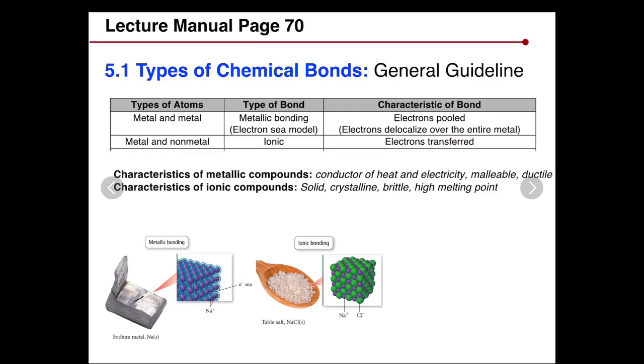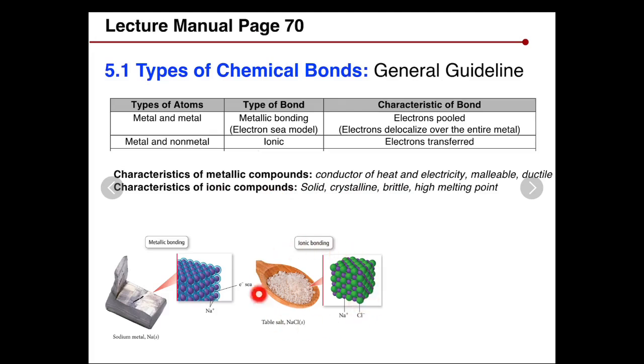The cations and anions in an ionic compound are held together by electrostatic force, which is the attractive force between the cation and anion, and it is a very strong force. That is what is responsible for the characteristics of ionic compounds, such as being solid and forming a crystalline lattice, and having high melting and boiling points, because of the strong force that holds them together.